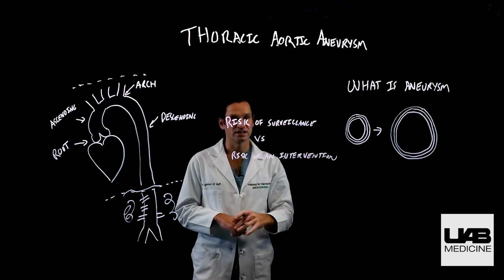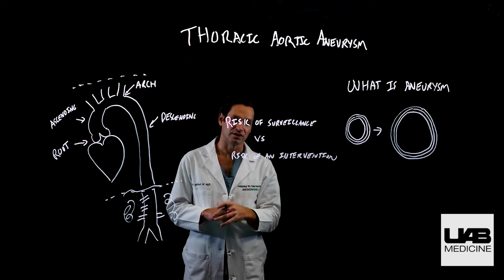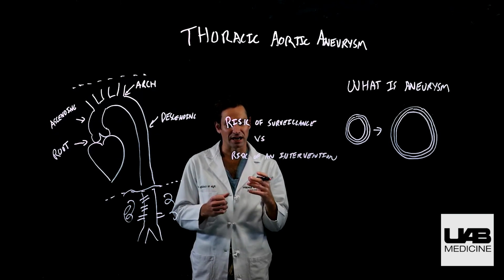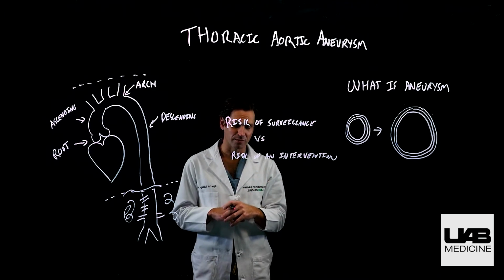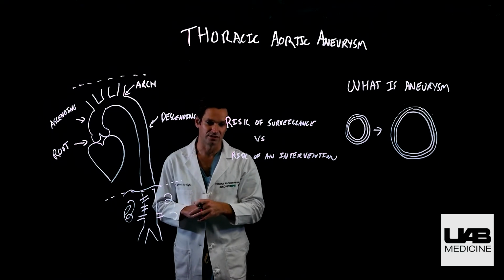There's a lot that plays into how we lean towards surveillance and how we lean towards an intervention. It also has to do with a lot of the associated diseases that patients can have. But ultimately, it's a very personalized and individual discussion as to when we consider an intervention.